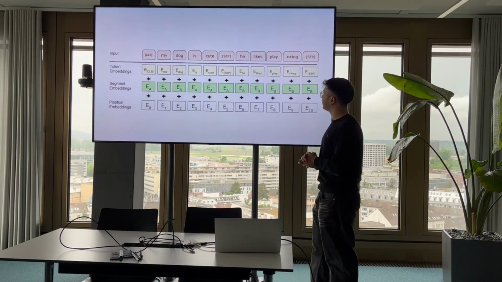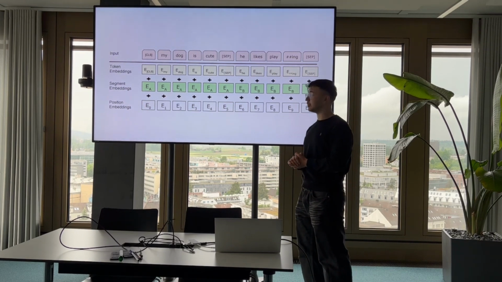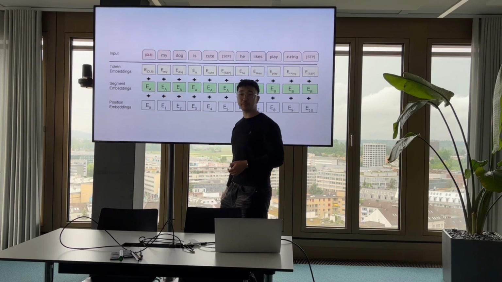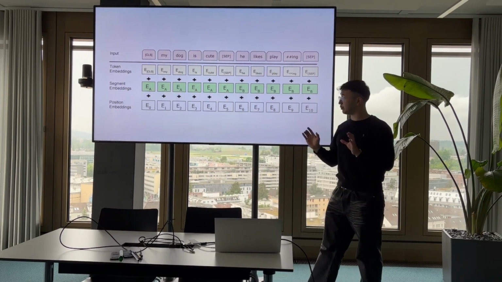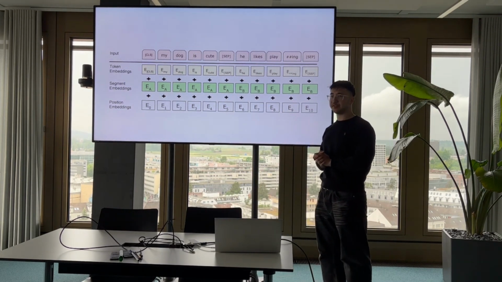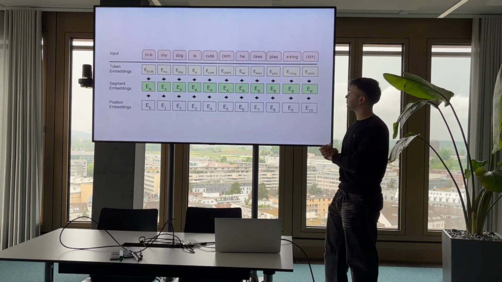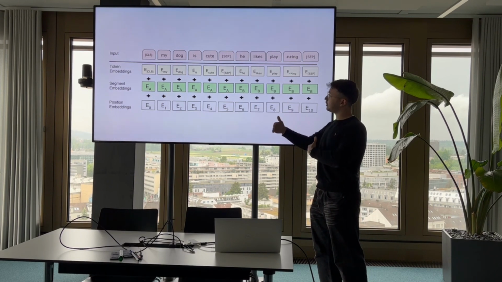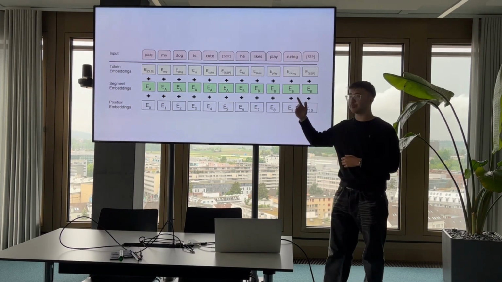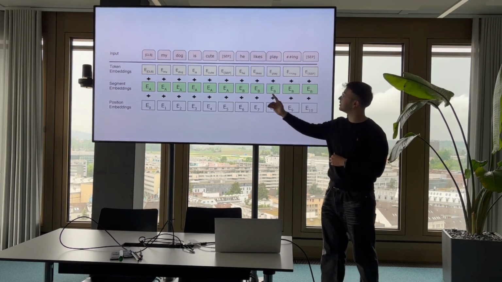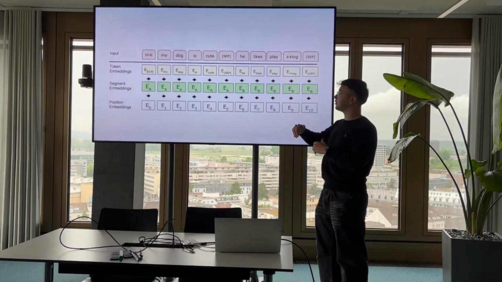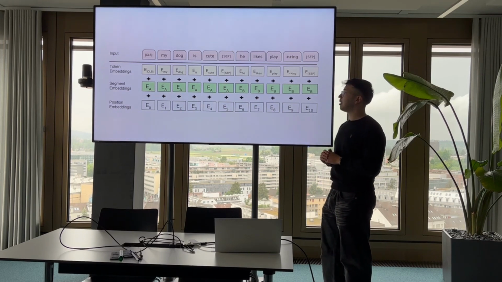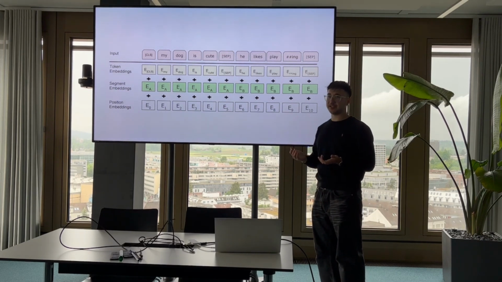And we have one very important token here. This is the CLS token. This token is always prepended to every input, and it stands for classification. In the pre-training process, this classification token outputs whether sentence B follows sentence A. And for future fine-tuning tasks, this classification token can mean any kind of classification.